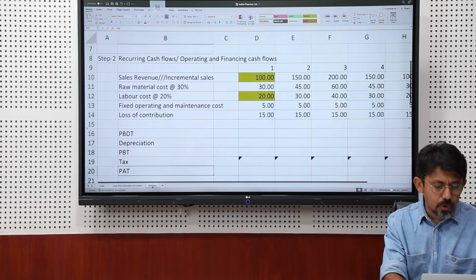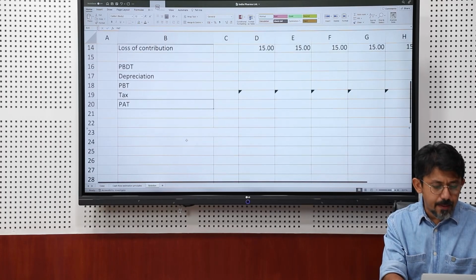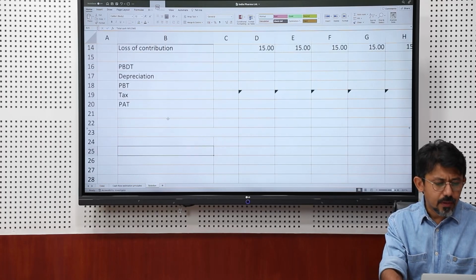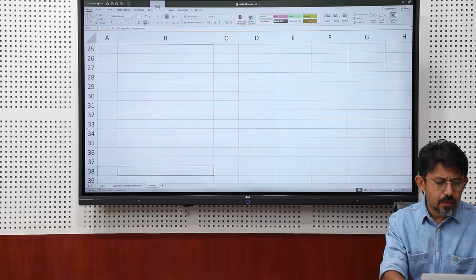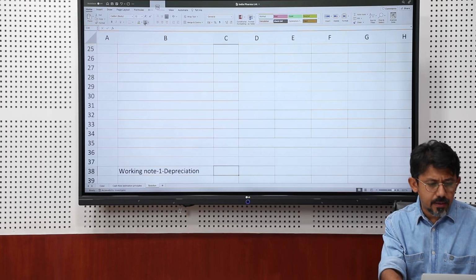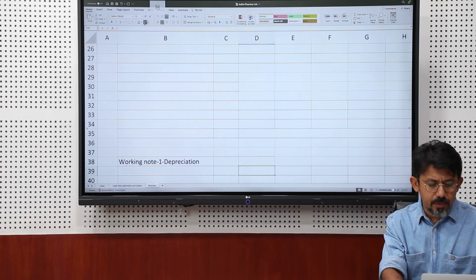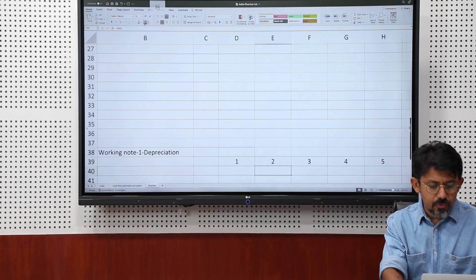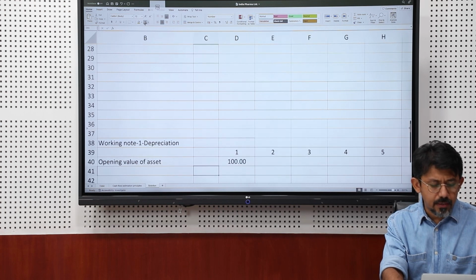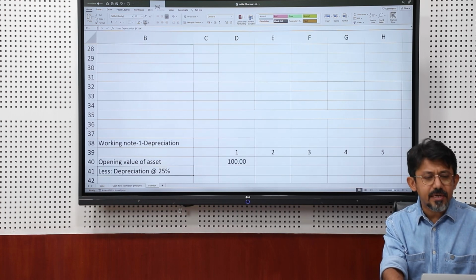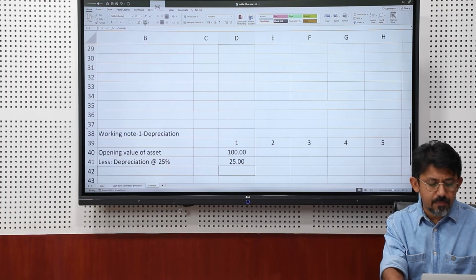So, here is a small working note on depreciation calculation. We know that depreciation is going to be for 5 years, and the opening value of the asset is 100 million. 25% depreciation on that would be 25 million.